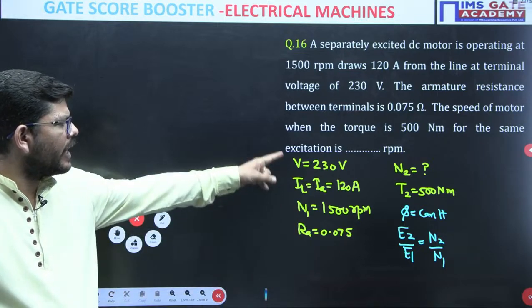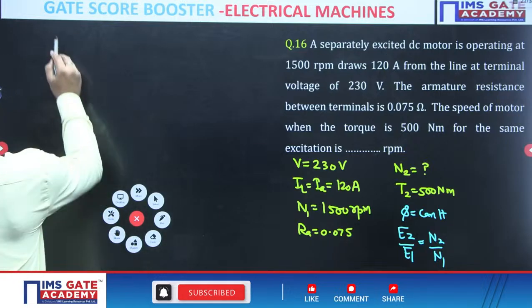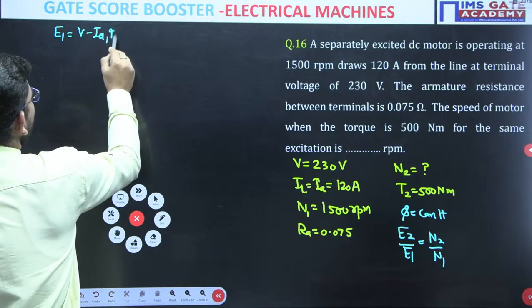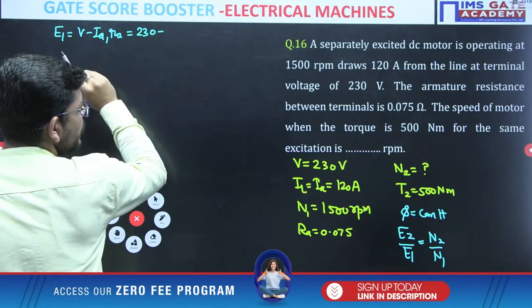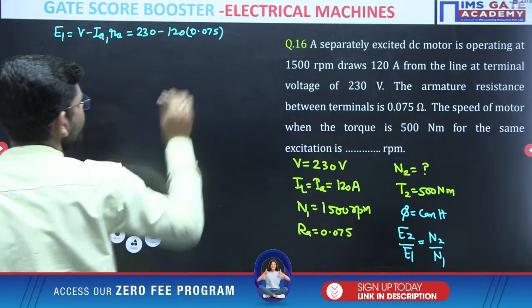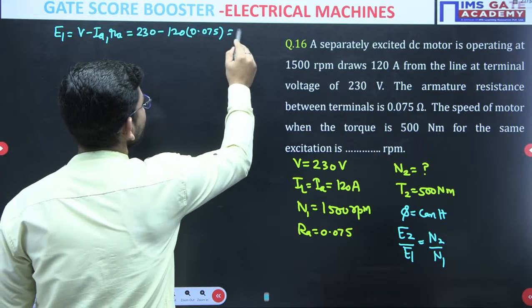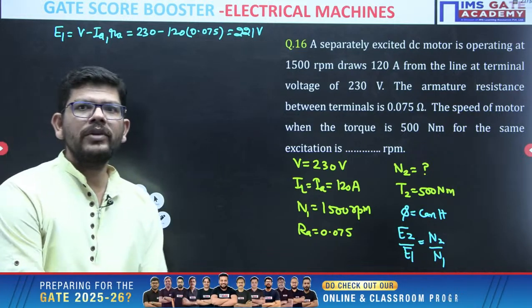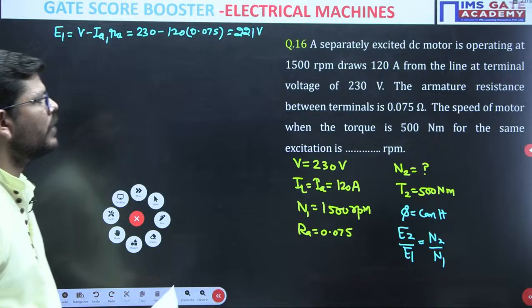E1 will be V minus IA1 RA, so 230 minus 120 into 0.075. When you do the calculation, you will get 221, right? Now in order to calculate E2 for the second case, we need to have the current.